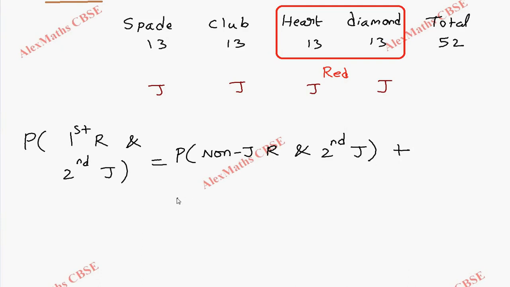Or there is another possibility that the first card is jack and it is also red, and again the second one is jack. So these are the two possibilities. The second is always jack, the first is always red, but the thing is whether it is a jack red or non-jack red. So we have to split into two parts like this.